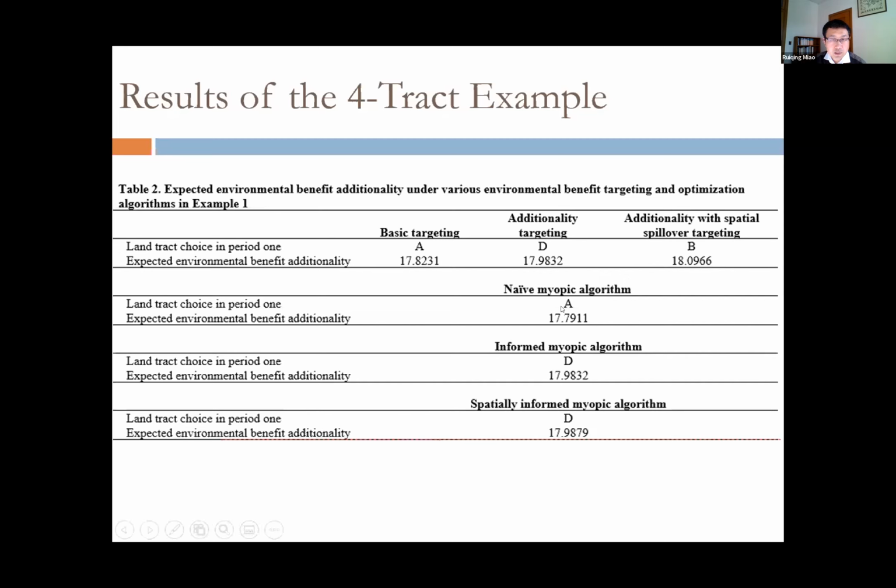Under this heuristic algorithm, in period 1, the optimal parcel to choose is tract A.